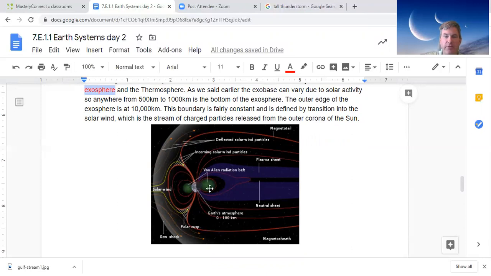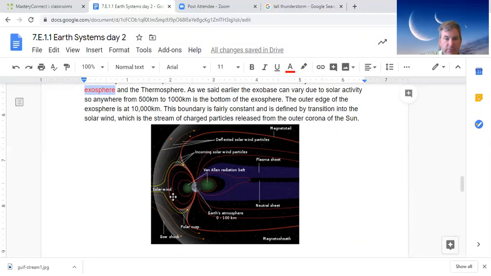We're not going to worry about too much of that. But again, where you stop running into Earth particles and start running into solar wind particles, these red lines right here, these are the solar winds right here. The yellow comes in, it kind of gets pocketed right here and blocked up. That's why I have these Van Allen radiation belts.